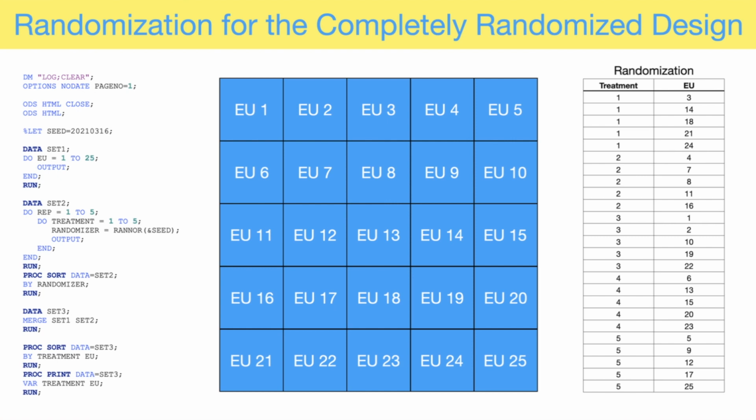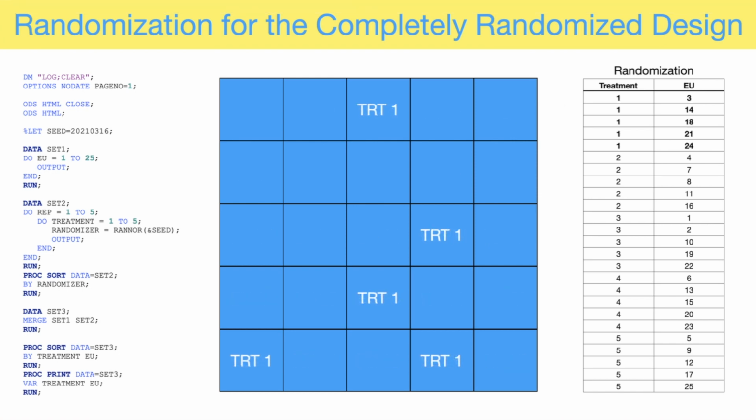And so I've got the experimental unit numbers in the second column showing us which experimental units each of the treatments is assigned to. For example, we see that treatment 1 is assigned to experimental unit 3, experimental unit 14, experimental unit 18, experimental unit 21, and experimental unit 24. Treatment 2 is assigned to the following experimental units: 4, 7, 8, 11, and 16.